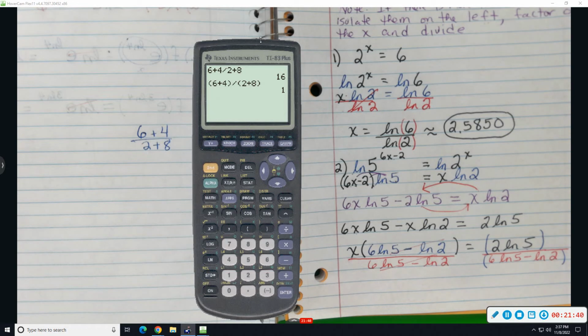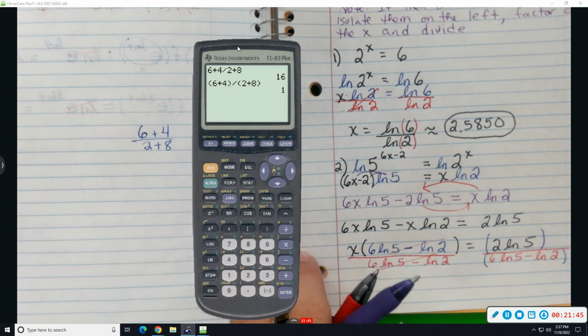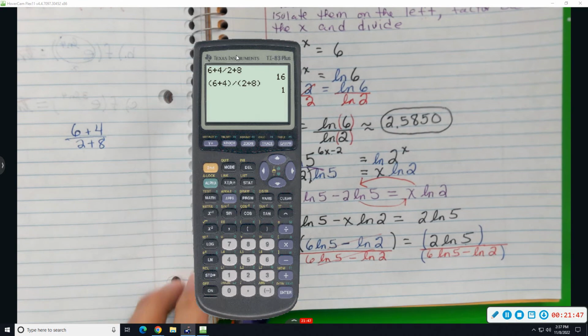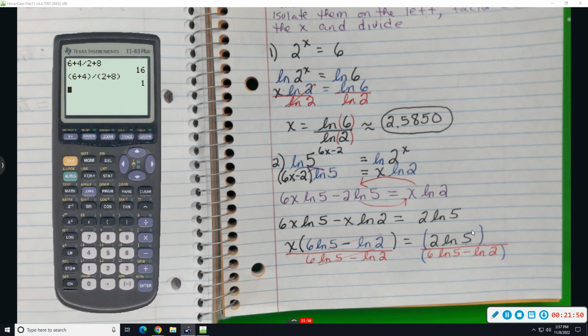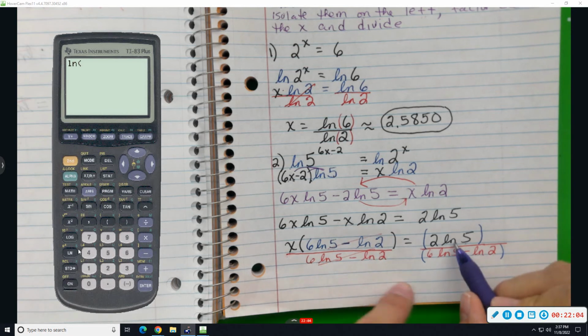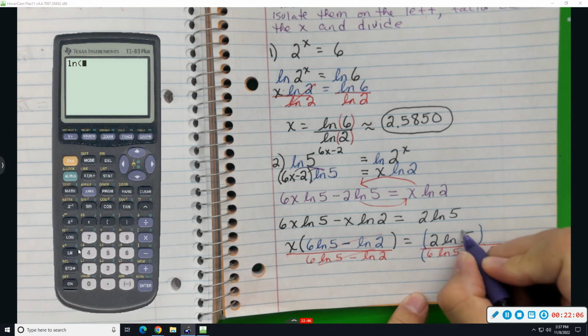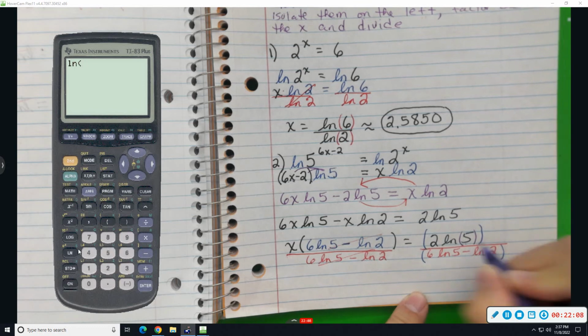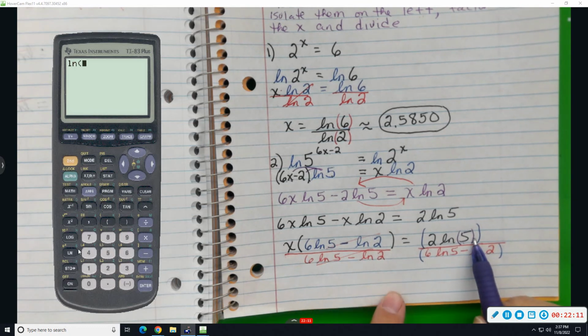Why am I saying that? Well, I'm trying to justify my statement that I made just a moment ago. If there's more than one number on the top, you've got to enclose it in parentheses. Now, on my calculator, every time I hit ln, it opens parentheses. So that's going to give me another set of parentheses. I've got to close them. That means I'm going to have to put 2 parentheses here and here.